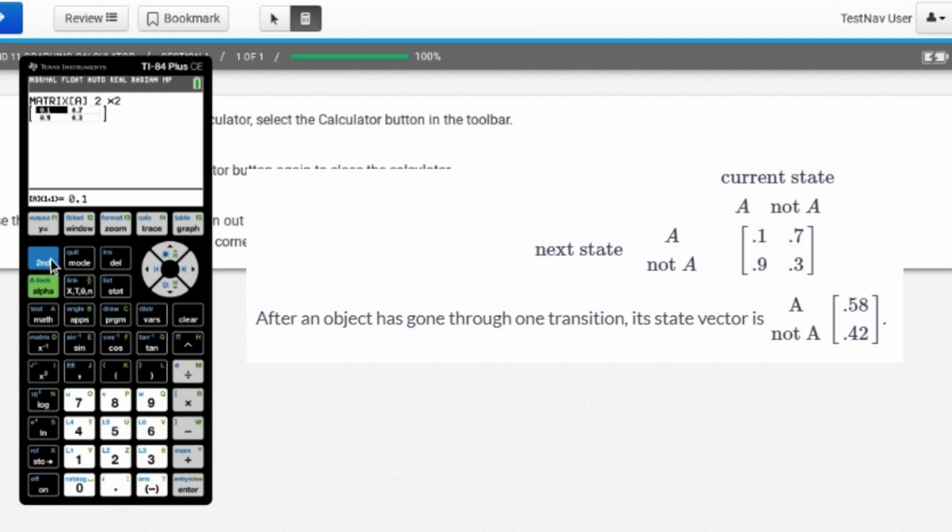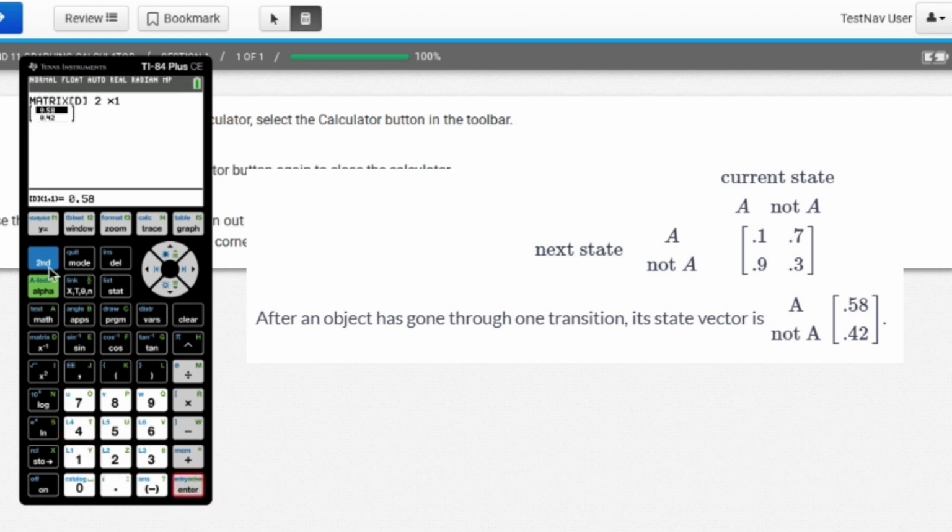Now that I have this done, I'm going to quit out, and I'm going to create a new matrix to represent my X matrix. So I'm going to second matrix, and let's just call it C or D. I'm already at D, so let's edit D. That matrix was a 2 by 1, and it was 0.58, enter, and 0.42, enter.